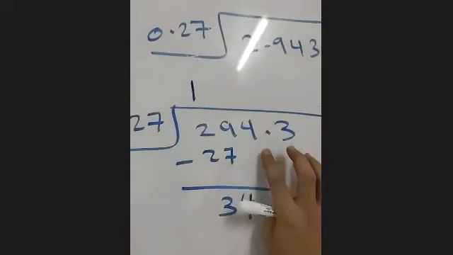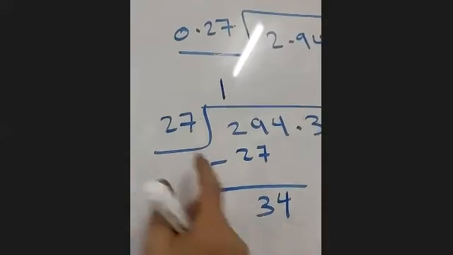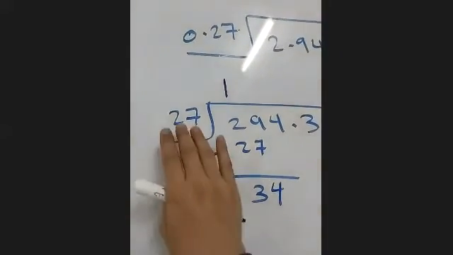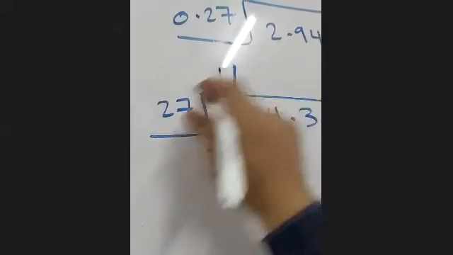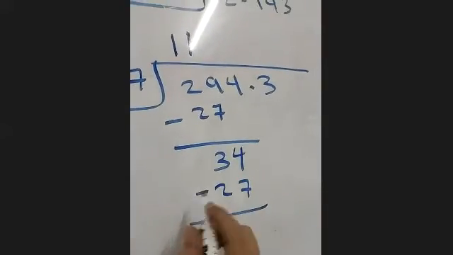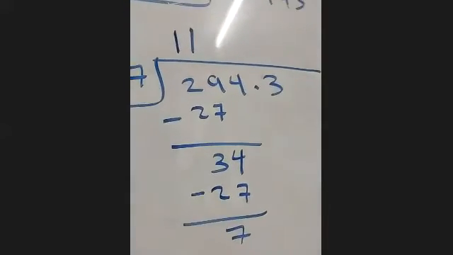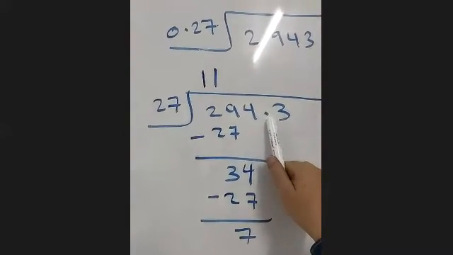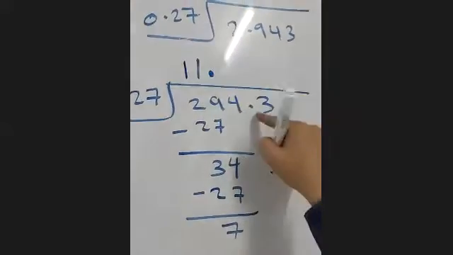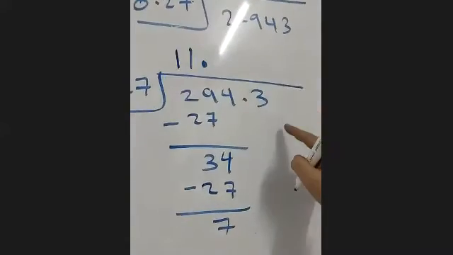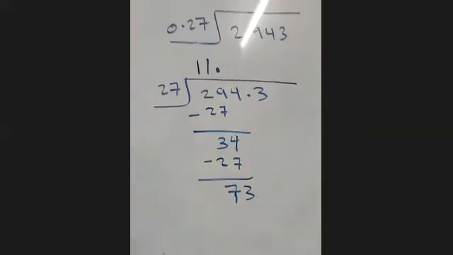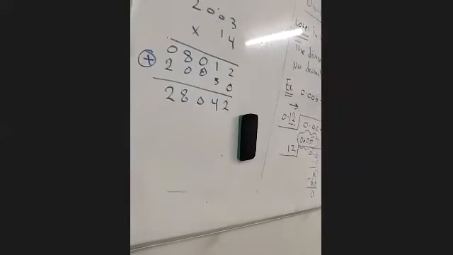But here, when I brought the 4, what I have is 34, which is bigger, so no need to put 0 in the quotient. Now 34 divided by 27, another 1. 1 by 27 is 27. Subtract, 34 minus 27 is 7. Now after the 4, I have a decimal. When you get the decimal, put it up in the same place in the quotient. Now bring the 3 down. It is 73. 73 divided by 27 is 2.